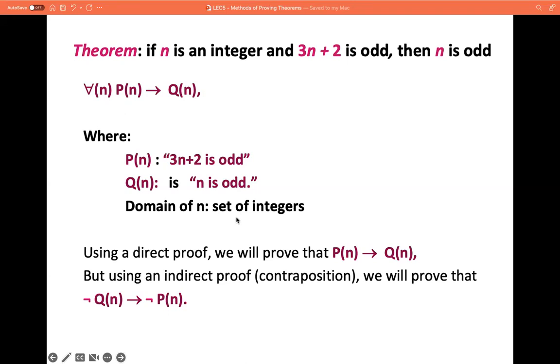In other words, we start from n is even. That will be so much easier to prove than starting with 3n plus 2 being odd. So by negating, not Q of n implies not P of n, we then prove that if n is even, then 3n plus 2 is also even.